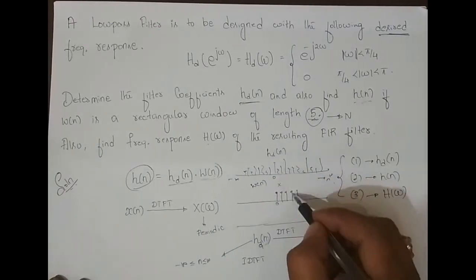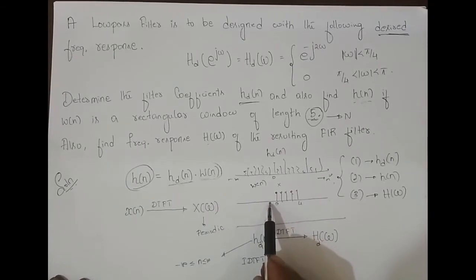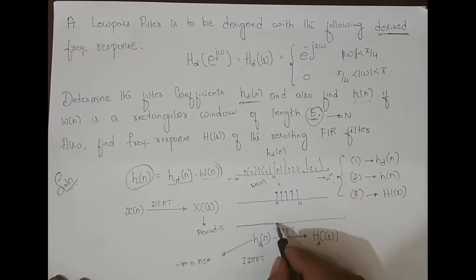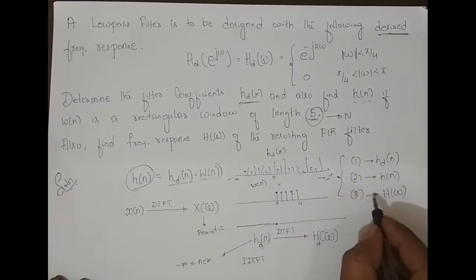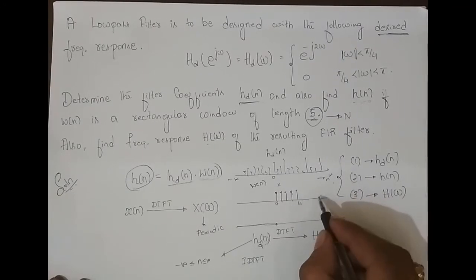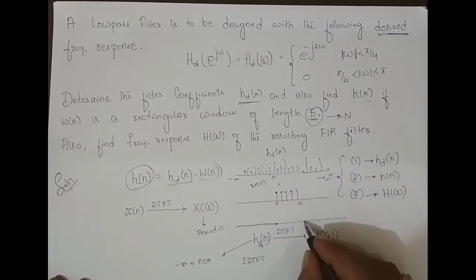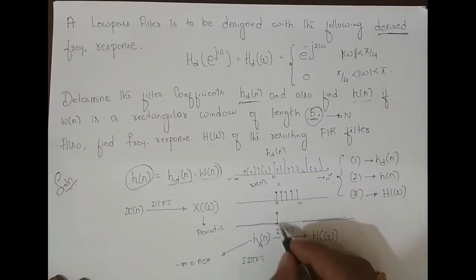If I multiply these two, from minus infinity till minus 1 everything is 0, since 0 multiplied with anything is 0. After 4, up to n equal to infinity, it is also 0. Whereas 1 into this sample, I get this sample at n equal to 0.